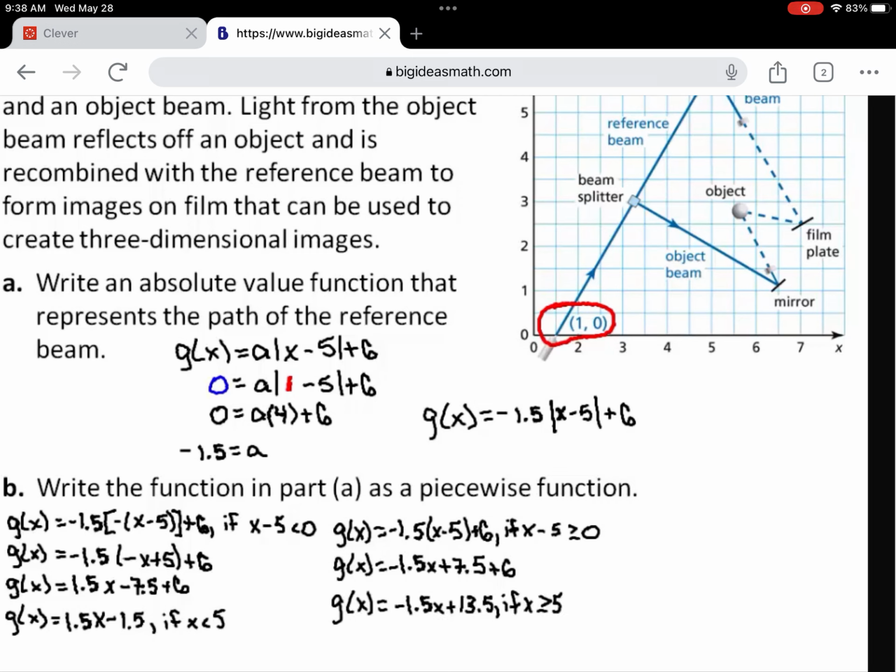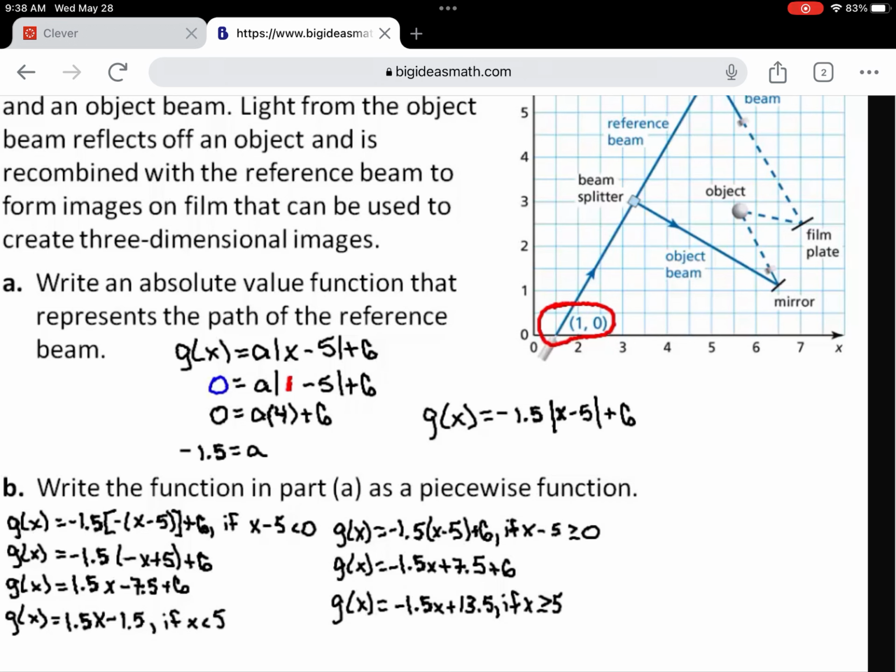Then combining like terms, you get negative 1 5/10 x plus 13 5/10. The inequality x minus 5 is greater than or equal to 0 simplifies to x is greater than or equal to 5. So you have g of x equals negative 1 5/10 x plus 13 5/10 if x is greater than or equal to 5.